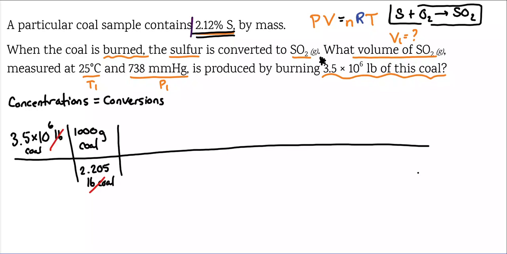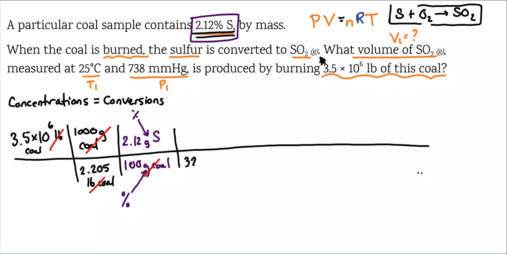Pounds goes away, grams is left, and now I can apply that concentration, the 2.12 grams for every 100 grams of coal. I do know that I said 2.12 grams for every 100 grams. If you'd prefer to write them as percentages, we can, but this is basically the same thing. So for every 100 grams of coal, we would have 2.12 grams of it as sulfur. Again, if you'd prefer to write these as percentages, you can.